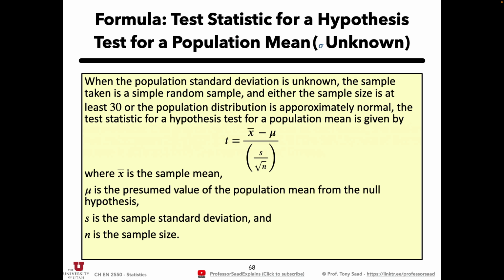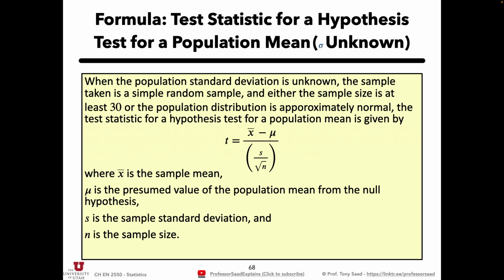We have time to go through all of the examples, so we'll do that. So when we're doing a hypothesis test on a mean with an unknown population standard deviation, we will be using a t-score. X bar is the sample mean. Mu is going to be our null hypothesis, the assumed population mean. S will be the standard deviation deduced from the sample, and n is the sample size.